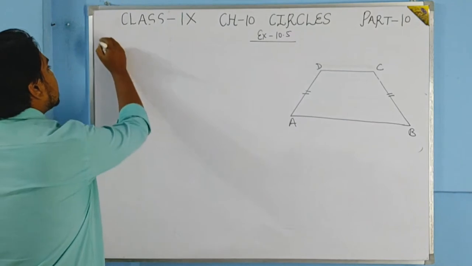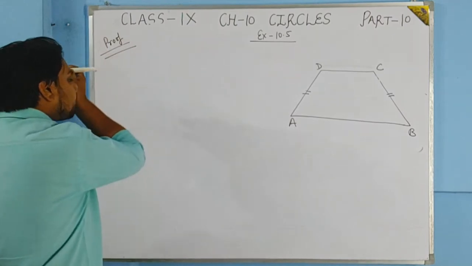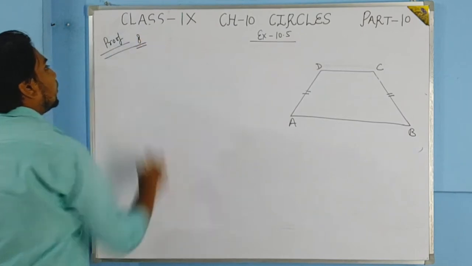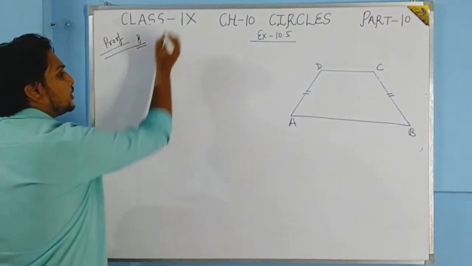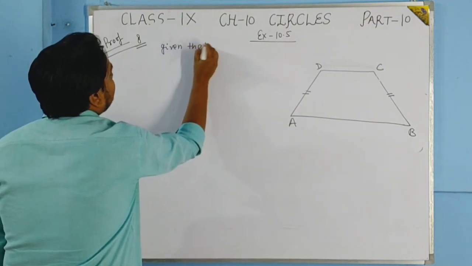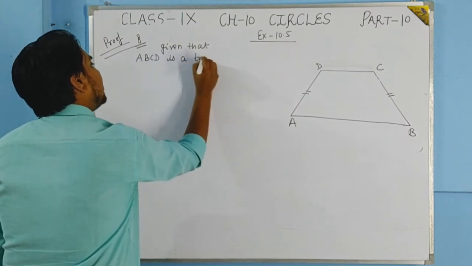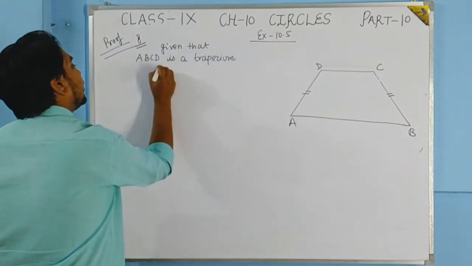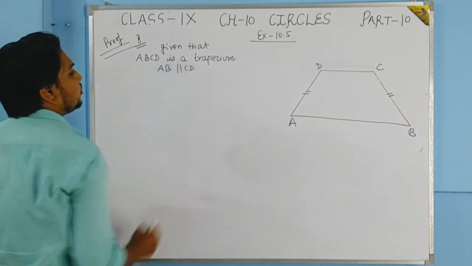Now students, coming to the proof of this question, question number 8. Here it is given that ABCD is a trapezium, meaning AB is parallel to CD.